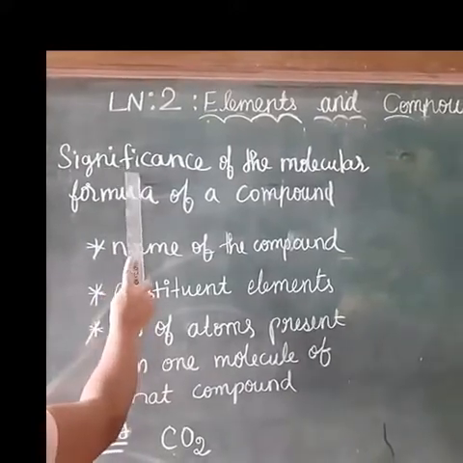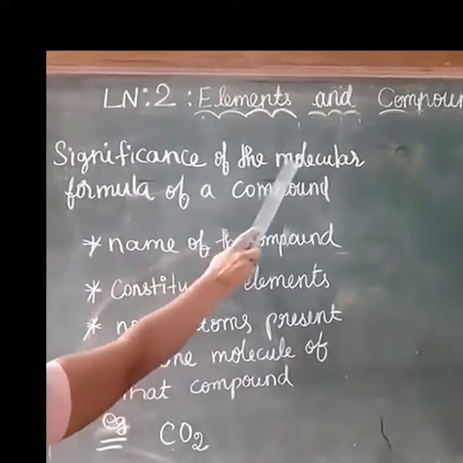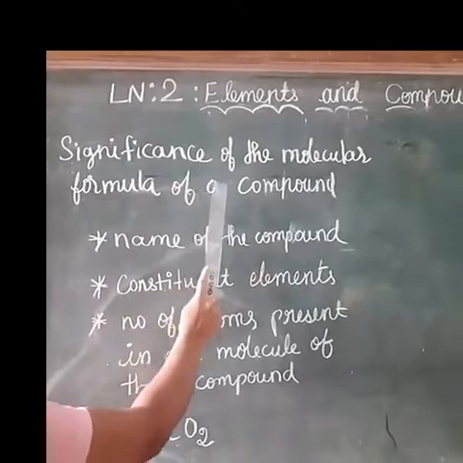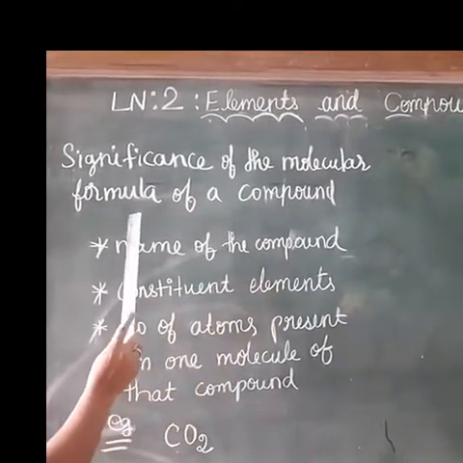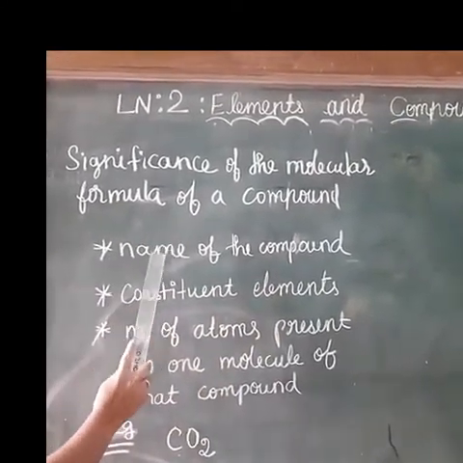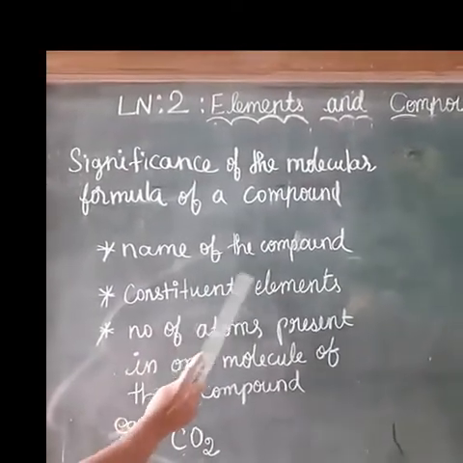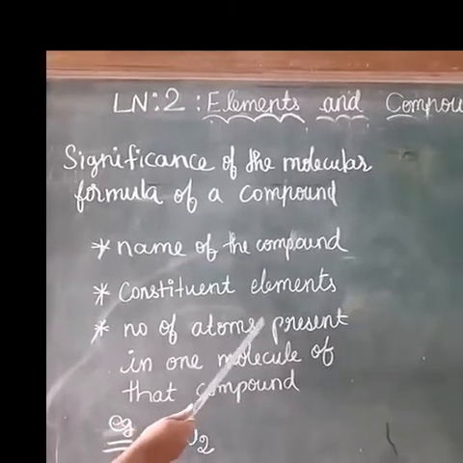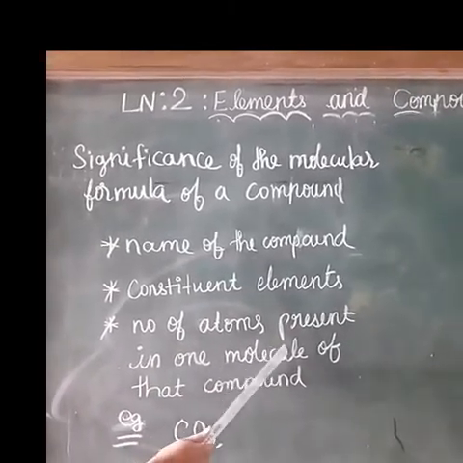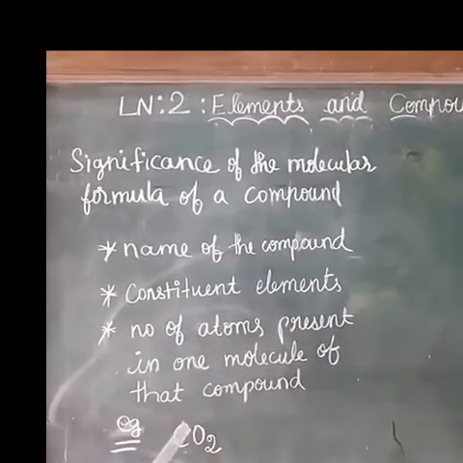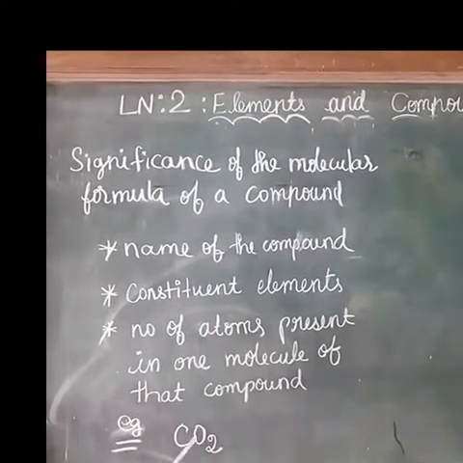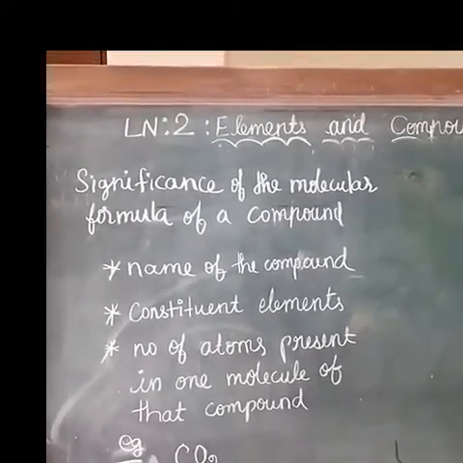Now we are going to discuss the significance of the molecular formula of a compound. The molecular formula of a compound indicates the name of the compound and its constituent elements, and the number of atoms present in one molecule of that compound. For example, CO2. It is a molecule of carbon dioxide.